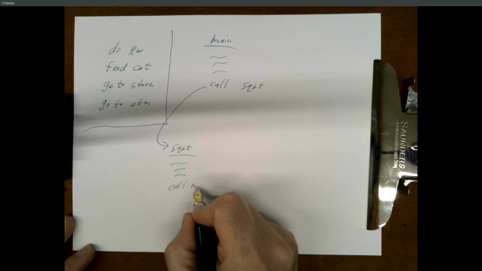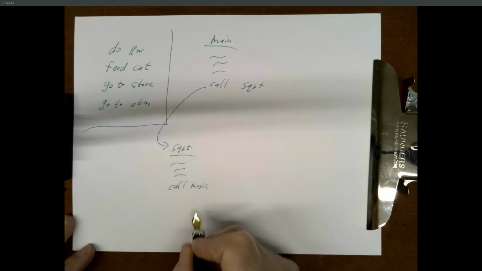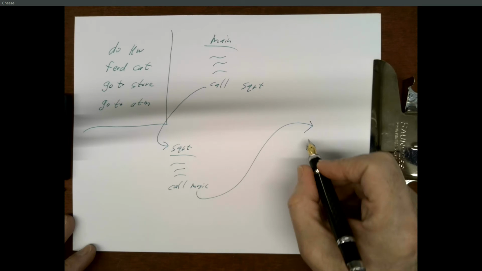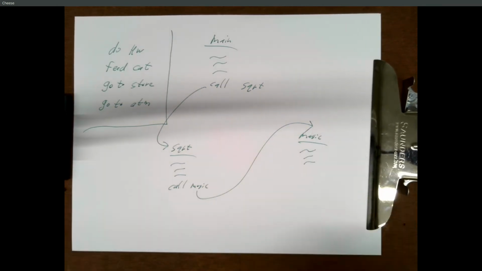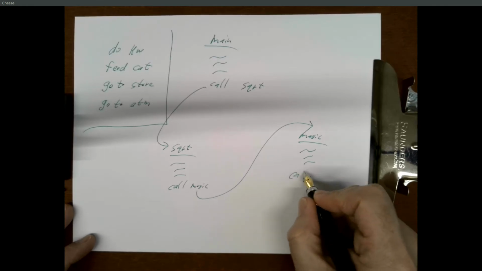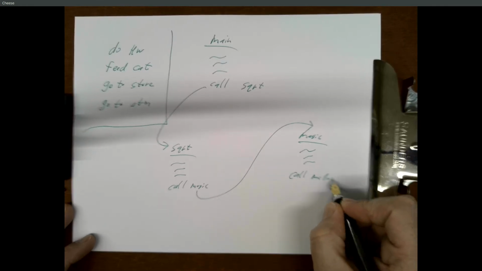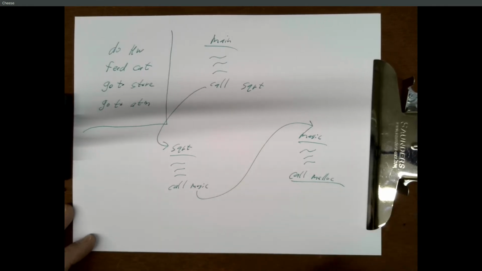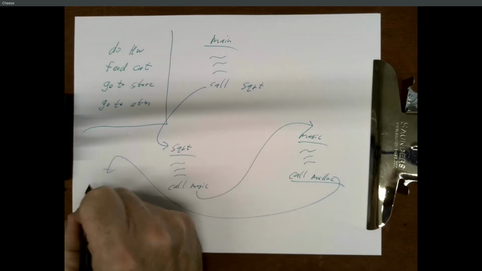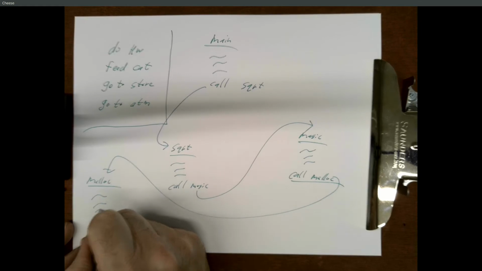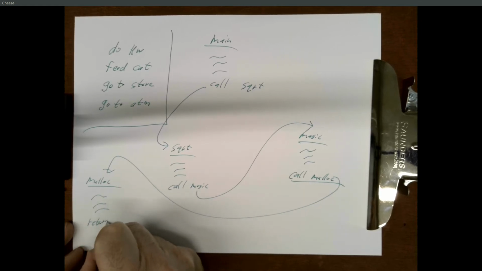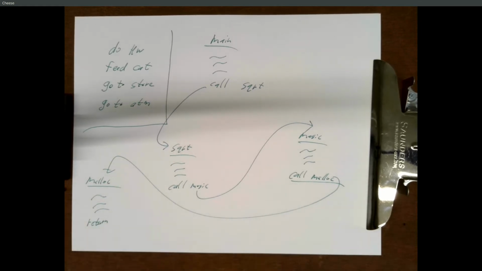So it says call magic, and that comes over somewhere, and here's the code for magic, and it's doing some stuff, and it needs to allocate some memory, so it says call malloc. And that makes a call to wherever the code for malloc is, and it starts executing that, and eventually it says return. When it says return, it's got to know where to go back to.